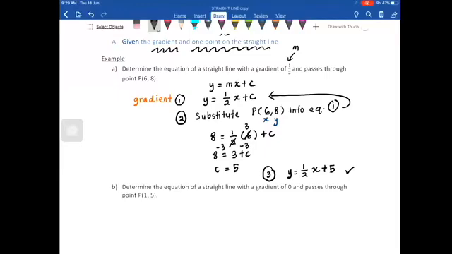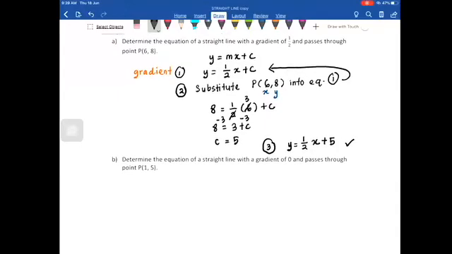Okay, B. This is sama je. Okay, determine the equation of a straight line with a gradient of 0 and passes through point P(1, 5). Okay, kalau kita ikut kita punya step di A, so my gradient y equals to c.